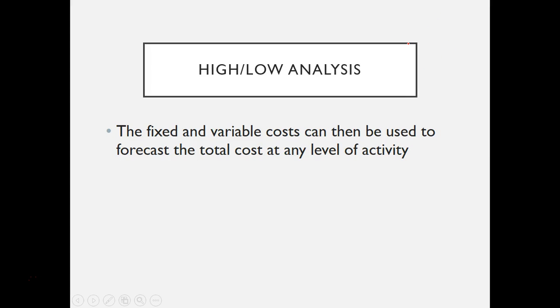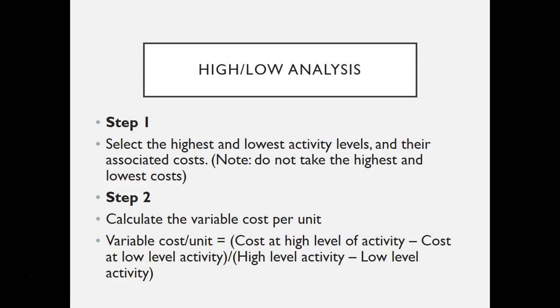Okay, right. Again, I'm just highlighting what I said: we can then find out whatever we need. So what we're saying is that the fundamental steps are to select the highest and the lowest activity levels and their associated costs. It says do not take the highest and the lowest costs, take the highest and the lowest activity levels.